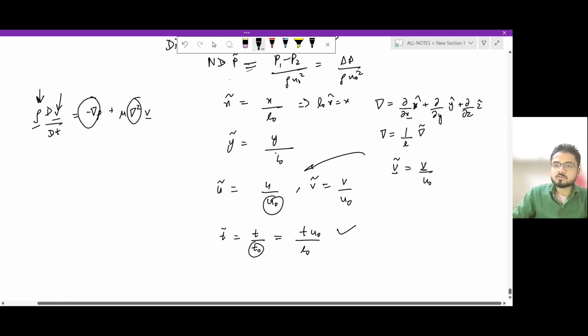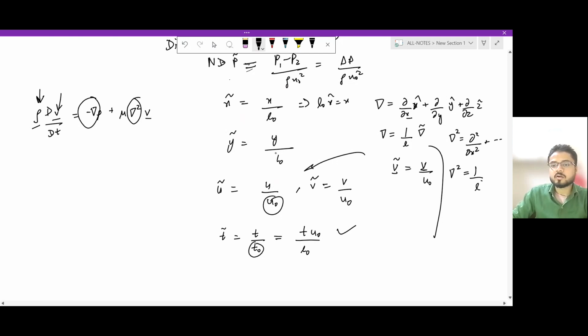Using this, now del squared would be del 2 over del x squared plus dot dot dot. So del squared would be equal to 1 over L naught squared del tilde squared. This is how it goes.